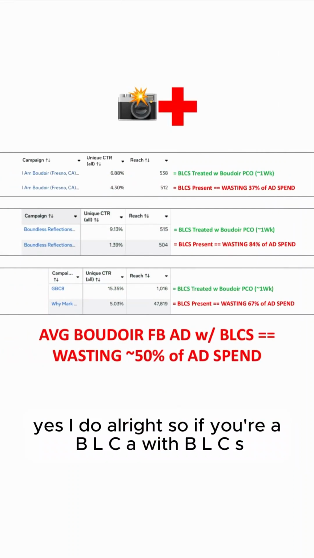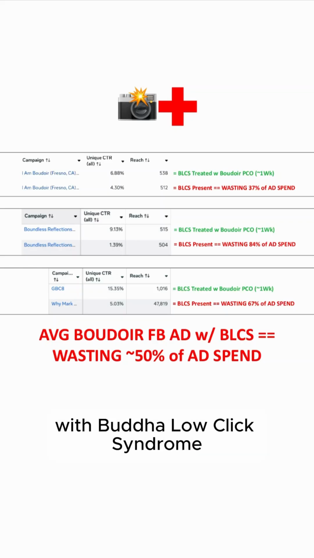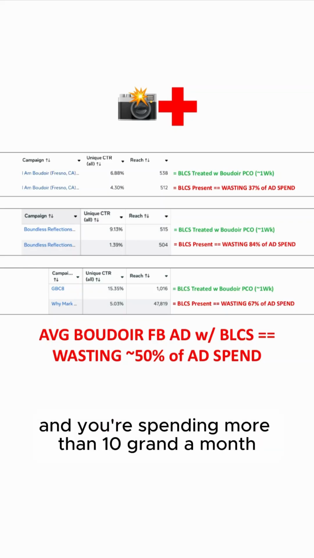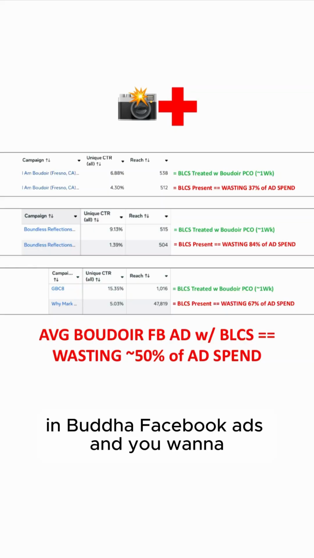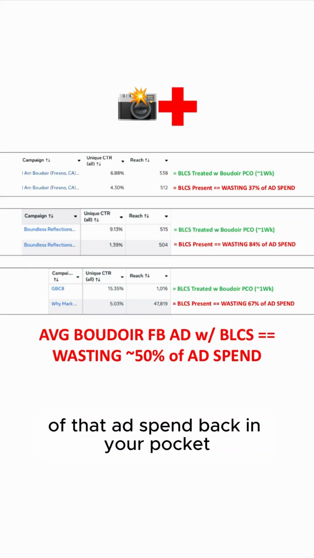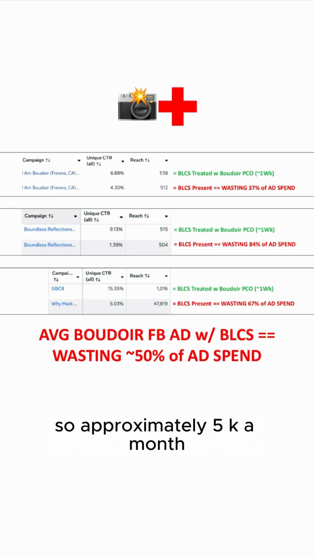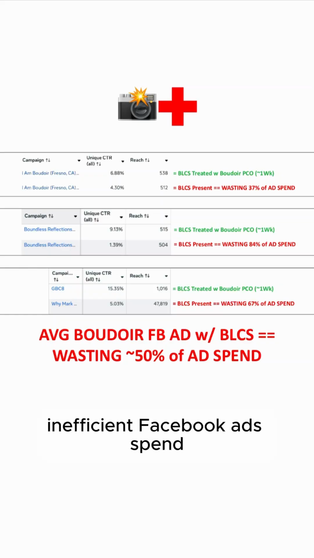All right, so if you're a BLCA with BLCS, if you're a Boudoir low click advertiser with Boudoir low click syndrome, and you're spending more than 10 grand a month on Boudoir Facebook ads, and you want to eliminate and save approximately 50% of that ad spend back in your pockets, approximately 5K a month or 60K over the next 12 months, and you want to pull that profit out of the inefficient Facebook ad spend, because you've already pulled it out for some other parts of the business.